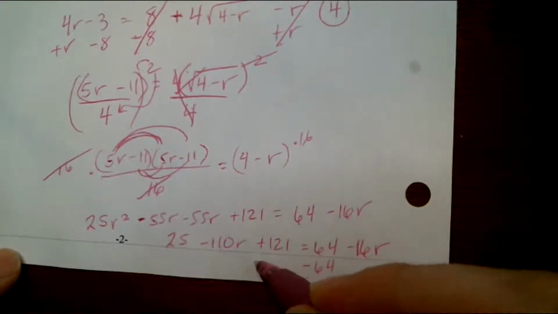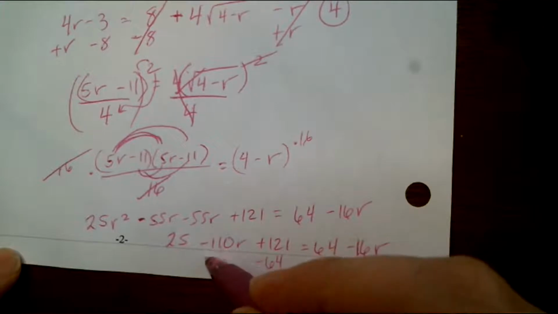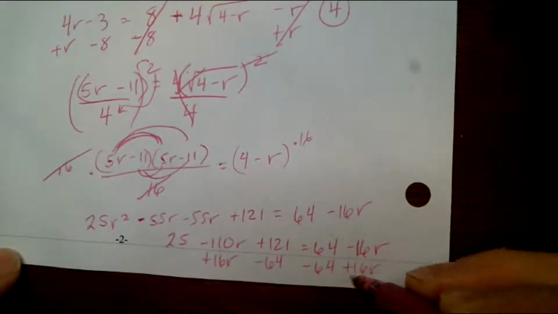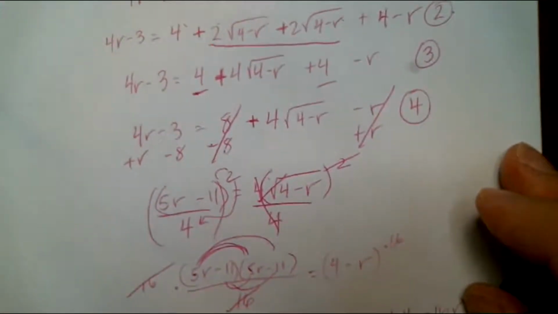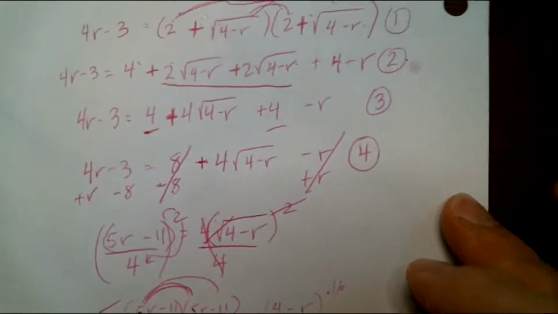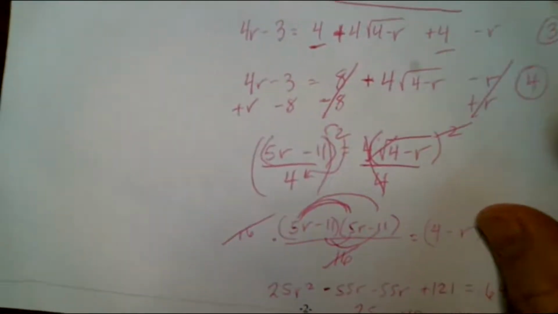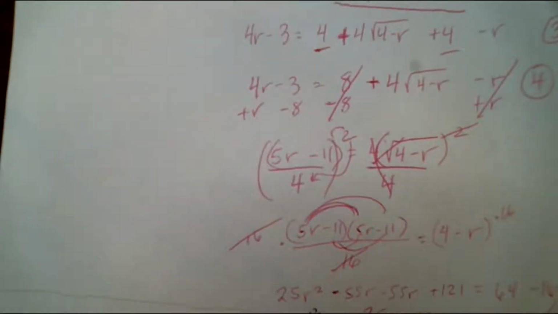If I subtract 64 from both sides and add 16r to both sides, we know that cancels and that cancels. And then I'm going to move the paper over here. Yeah, don't forget r squared. Thank you.